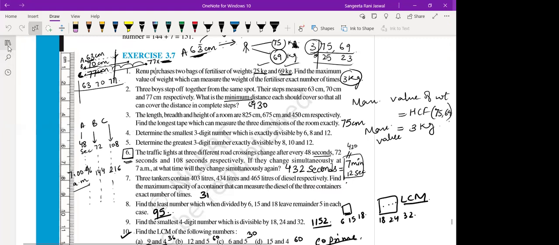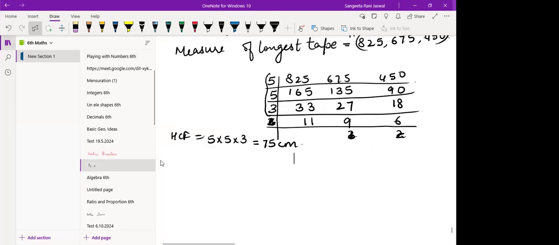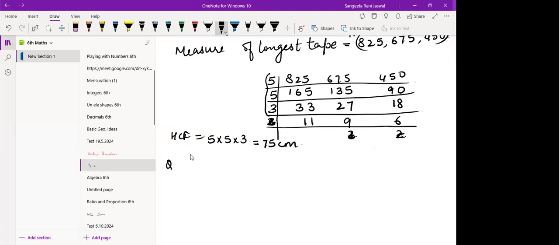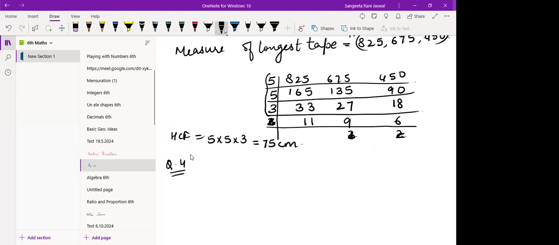So that means we have to find some number which is divisible by 6, and similarly the same number should be divisible by 8 also, and 12 also. So that number you have to find. Okay, very nice. What have you got? The smallest 3-digit number, beta.